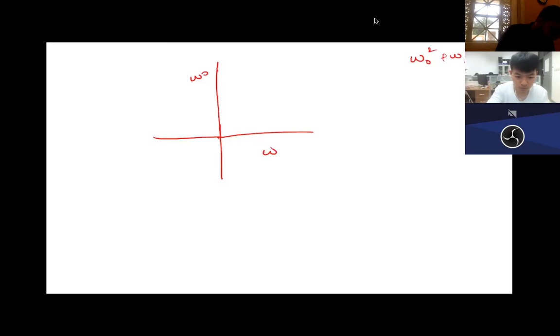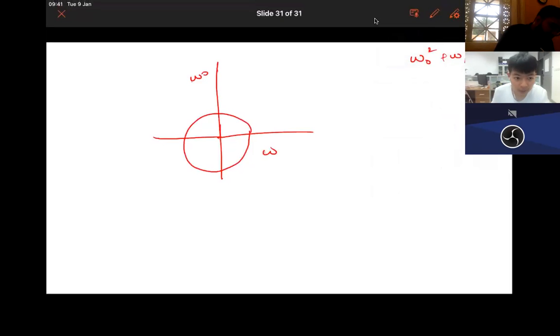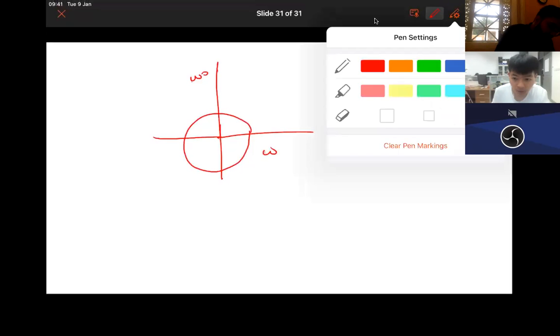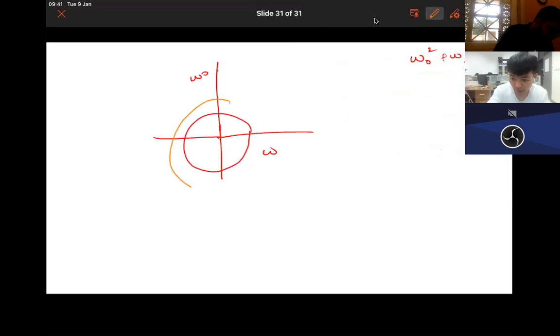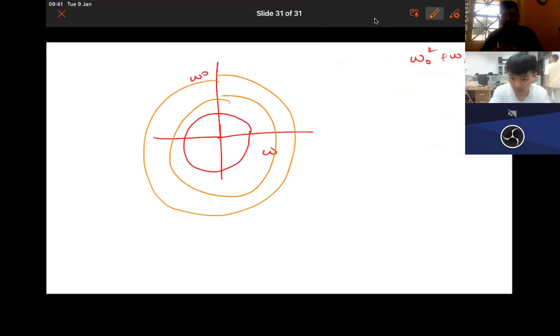It's a circle. As you increase C, you get these different concentric circles. So that's how the L2 norm looks. It's like circles.